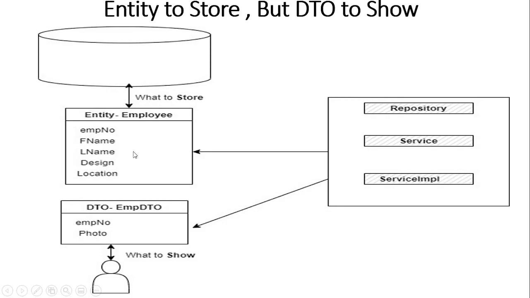Photo might be there in the entity named employee, apart from fname, lname, designation and so on. So there are 5-7 attributes in the employee class, but there will be 2 attributes in the DTO. That's not the case all the time, but that can be possible.